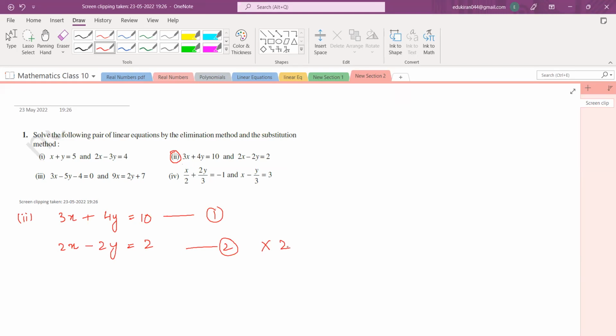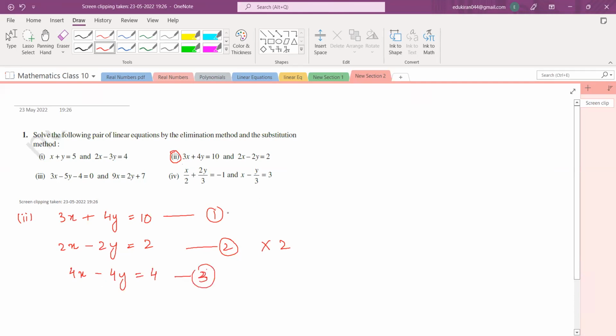Yes, Abdullah, correct? So I'm multiplying the second equation only. On multiplication I'll get 4x minus 4y is equal to 4, like equation number 3.